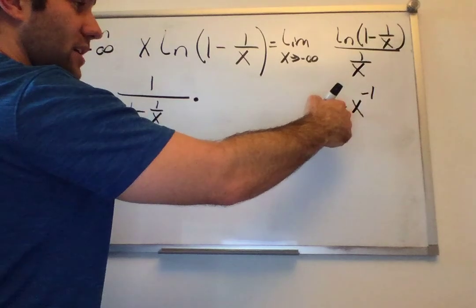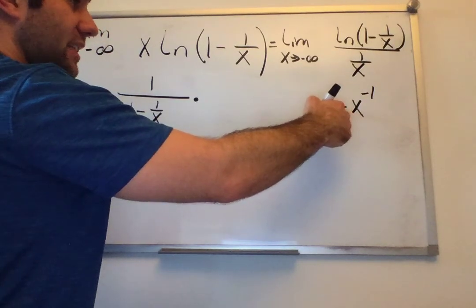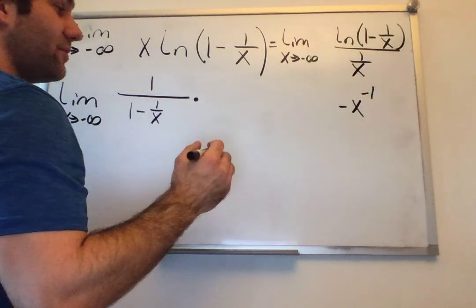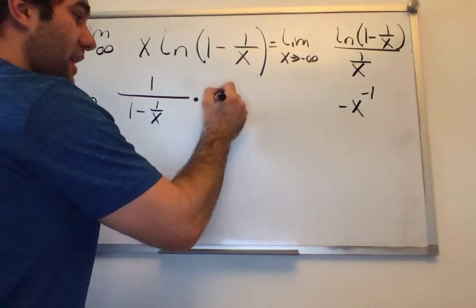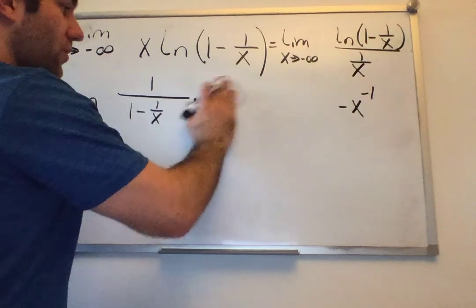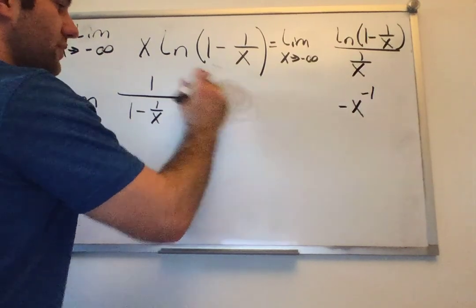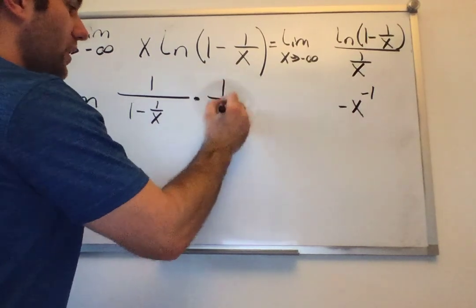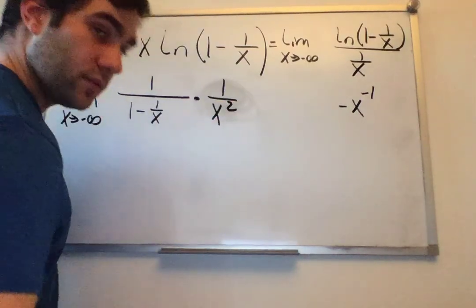Negative 1 times this negative is a positive, then drop 1 power, it'd be a negative 2. So this is times x to the negative 2 power. I'm going to rewrite this as 1 over x squared, though. There's a reason for it. Times 1 over x squared. So we don't need this.